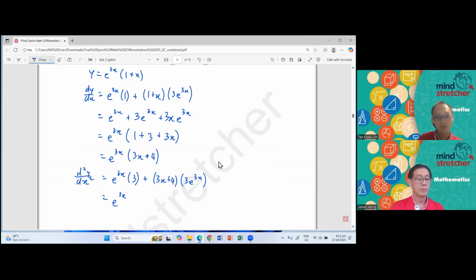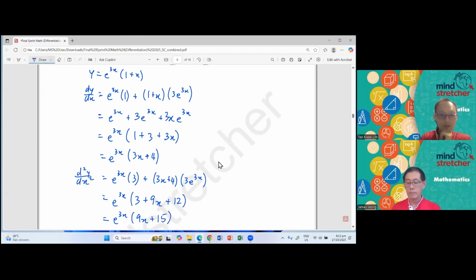This time I won't expand it first, I will straight away factorize. What I will get is 3 plus 3 times 3x, so be careful of this: 3 times 3x will be 9x, then plus 4 times 3, which is 12. So this gives me e to the power of 3x times (9x plus 15).